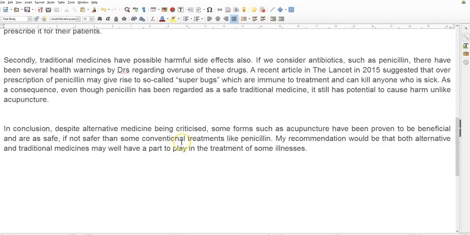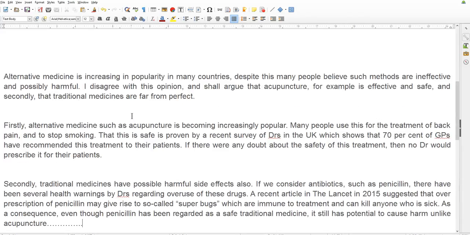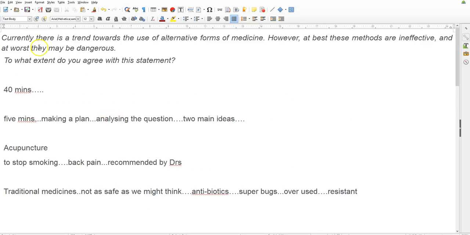If when you're writing you leave a bit of space between your paragraphs, you've always got room to add some extra stuff if your word count's a little bit low, but 259 is not too bad. So you need 5 minutes to plan, about 30 minutes to write it, then you need 2 or 3 minutes at the end to check things over.